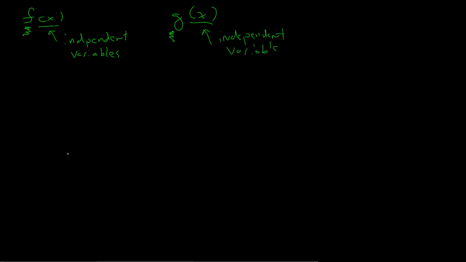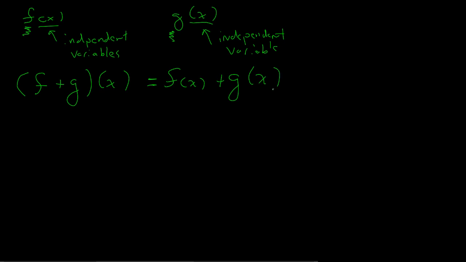And so the book's going to start with function algebra. They're going to put in parentheses the function f plus the function g on a given domain. They're sharing an independent variable, and they're going to say that's equal to the rule that is the function f plus the rule that is the function g.